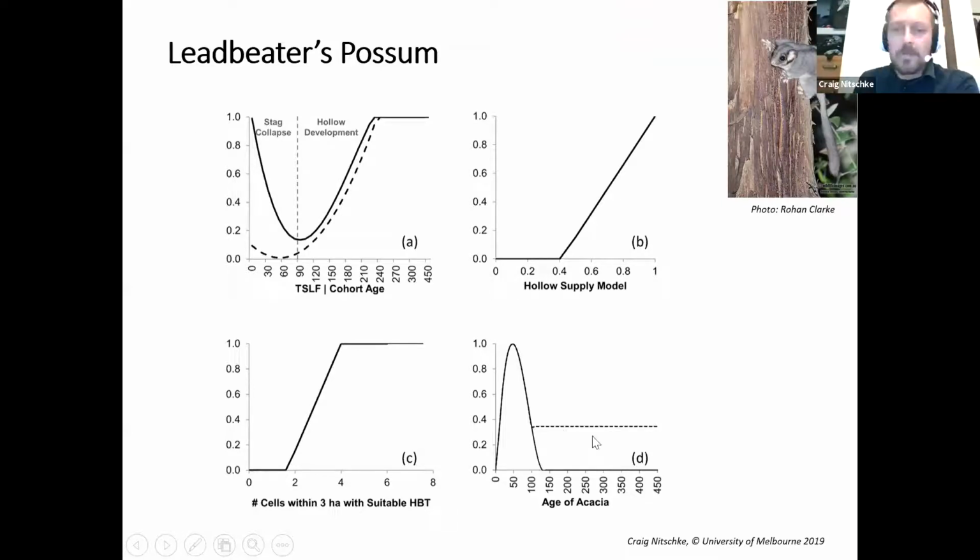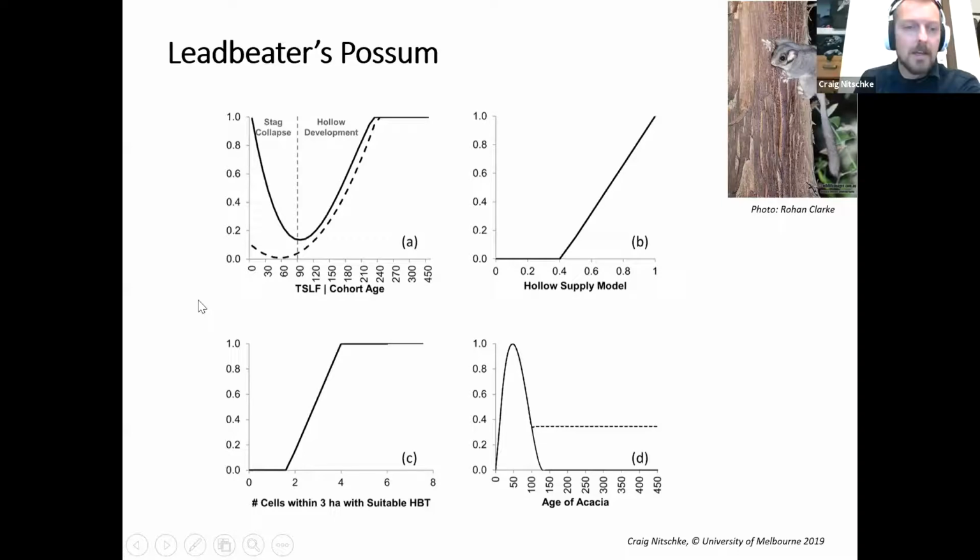And we also modified the part of the model which assumed acacias live forever in one stand, using the quantitative information we have on how old they live. And we essentially made some assumptions based on observations today that if you've got hollow-bearing trees and foraging habitat, they don't have to be in the same cell together.